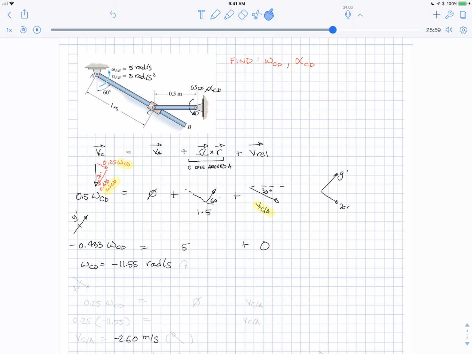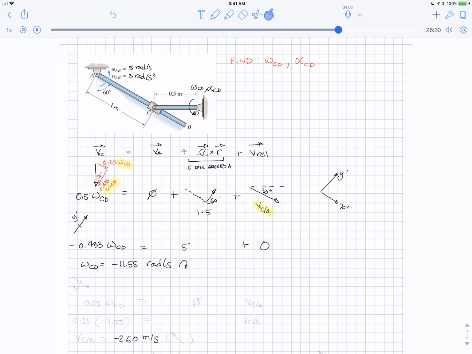Omega CD comes out to negative 11.55 radians per second. So once again, I've guessed wrong. Now that I look at it, if bar AB is going counterclockwise, point C is moving up, which means DC is going clockwise. So that's right. About 11.55 radians per second that way.